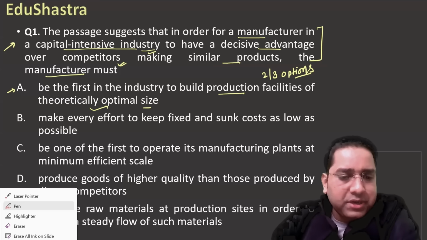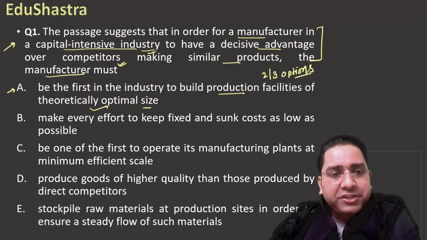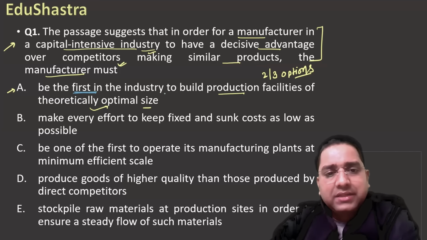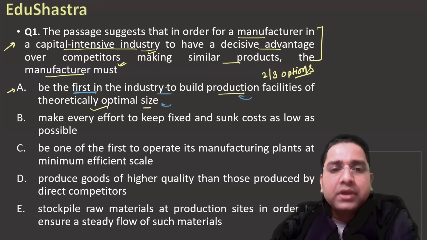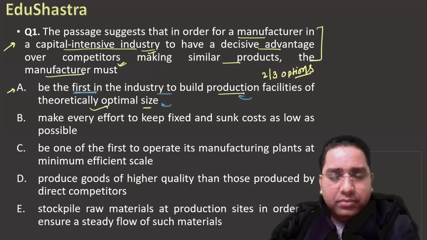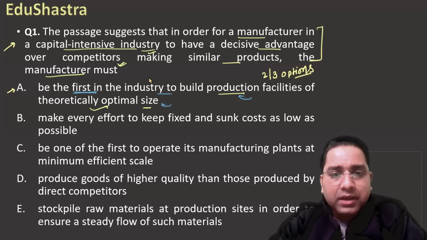Can we eliminate this option? According to me, it is not that relevant because it says the manufacturer must be the first in the industry to build production facilities of theoretically optimal size. So here, the main concern is not about being the first in any particular area, right?